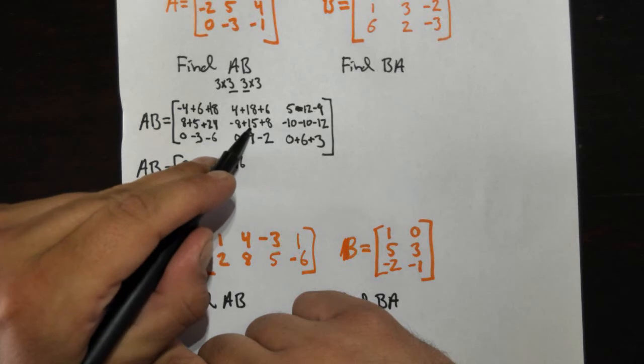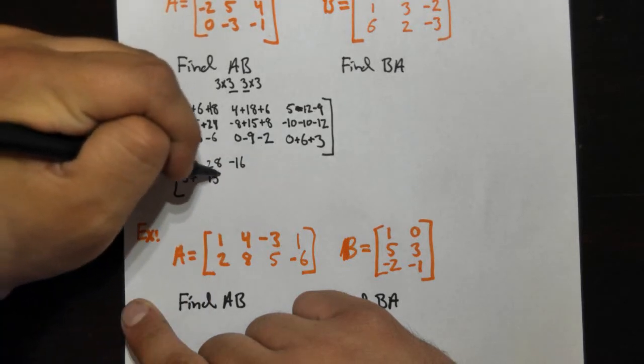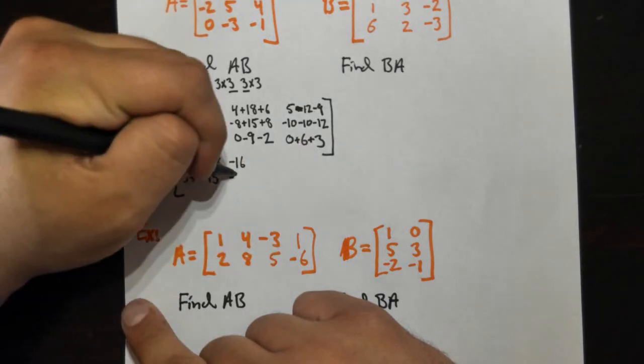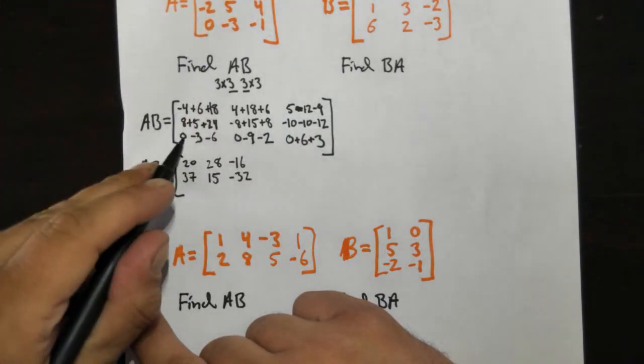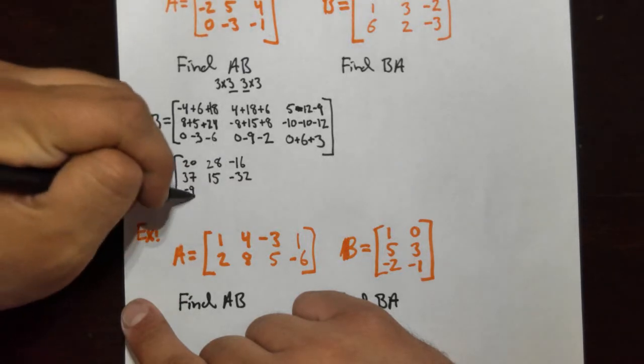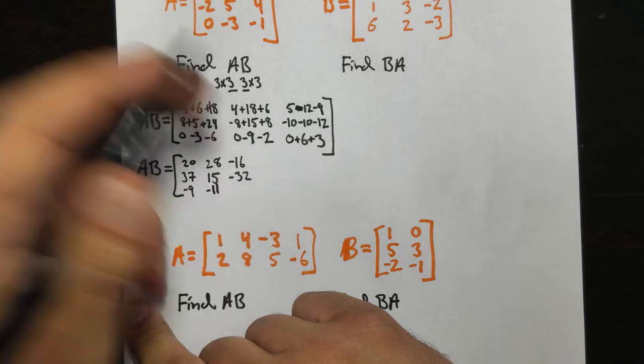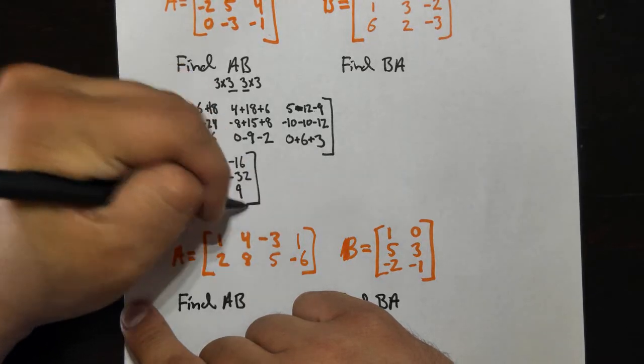Negative 8 plus 8 is 0, plus 15 is 15. Negative 10 minus 10 minus 12 is going to be negative 32. 0 minus 3 minus 9 is negative 9. Negative 9 minus 2 is negative 11. And 6 plus 3 is 9.